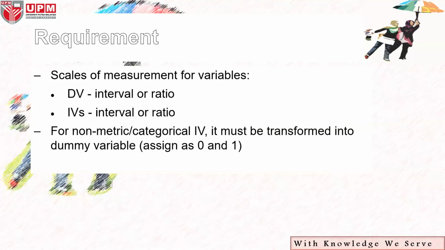For a non-metric categorical IV, it must be transformed. This one is high level so I'm not going to cover it. It is still possible if you have a categorical IV, but you need to transform your category into a dummy variable, where we use 0 and 1 as the code.